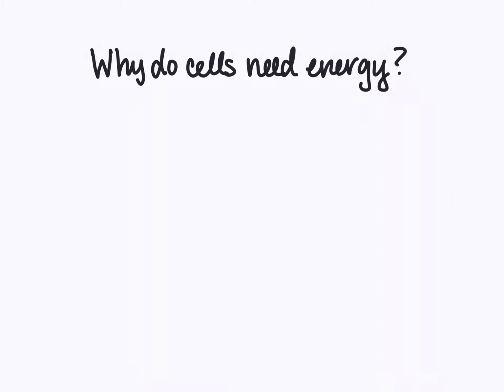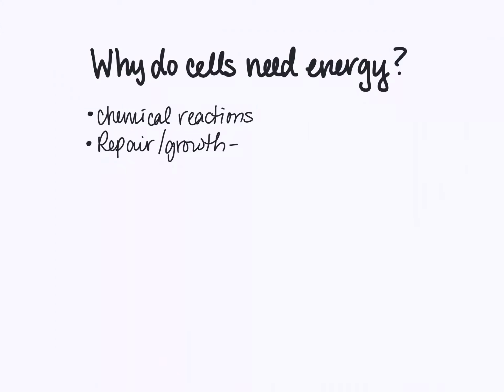So first, let's talk a little bit about why cells need energy in the first place. Cells need energy for chemical reactions to occur. It's needed for repair or growth, such as making molecules.